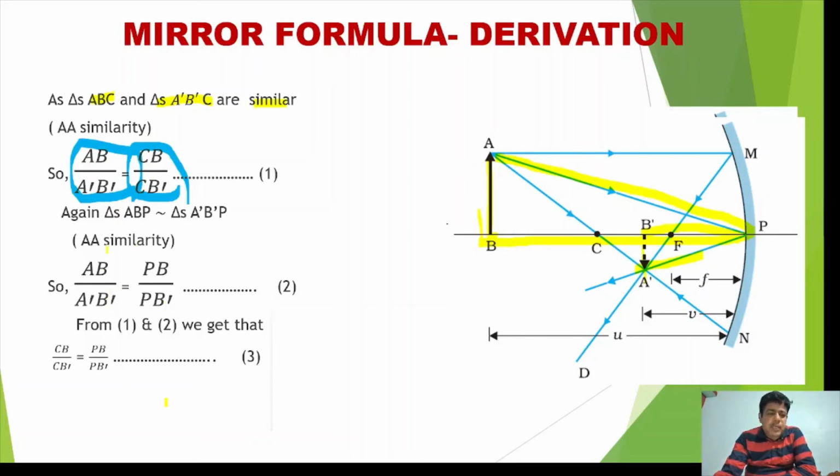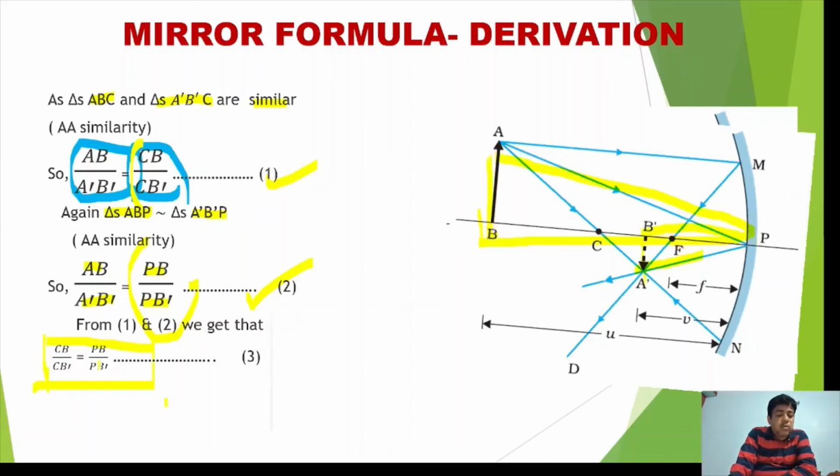This is A'B'P, not a comma. So the ratio of their corresponding sides are equal. So AB divided by A'B' must be equal to PB divided by PB'. So we got the second equation, and this is the first equation. Comparing both equations, the right hand sides, CB by CB' must be equal to PB by PB'. We get the third equation by comparing equations 1 and 2.